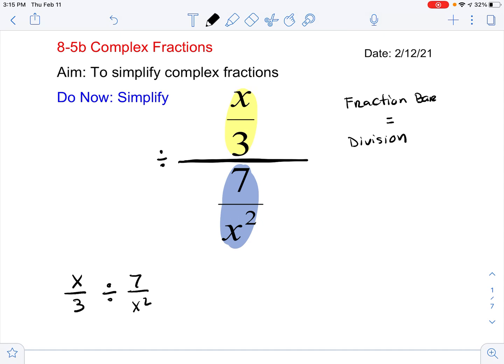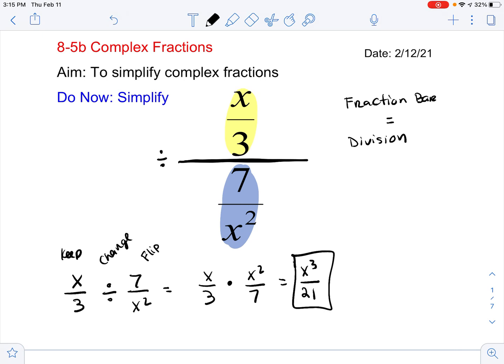Now, we have already talked about division before, right? We know with division, we're going to keep the first fraction, we're going to change to multiplication, and we are going to flip or find the reciprocal of the second fraction. So if we wanted to compute this, we would get x over 3 multiplied by x squared over 7, leaving me with the final answer, x cubed over 21.